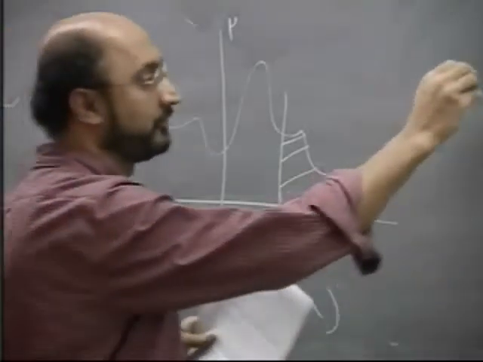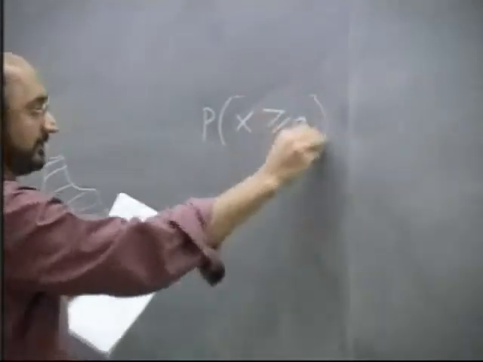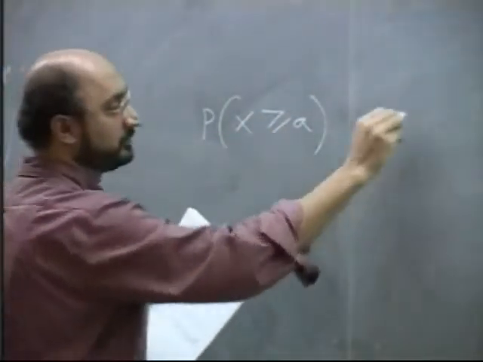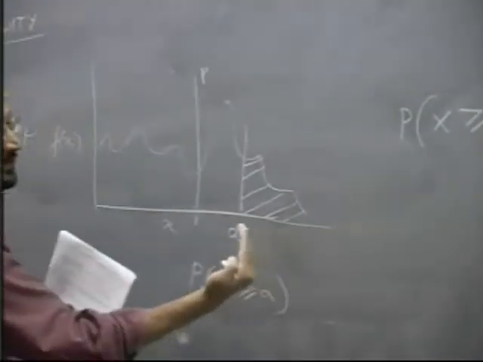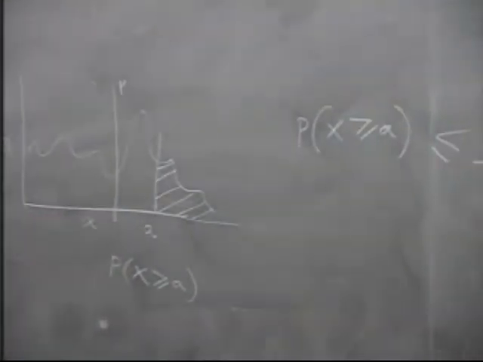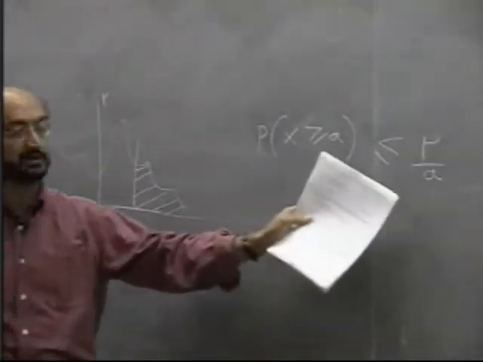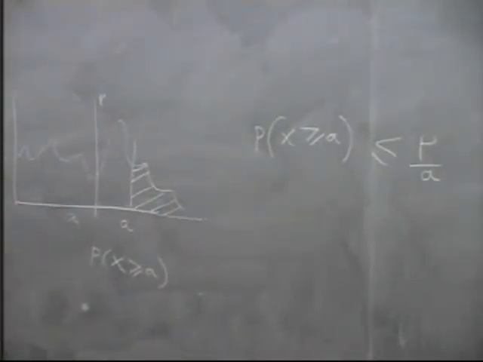In fact, we can show that the probability that x is greater than or equal to a is less than or equal to mu over a. So as we move to the right hand side, the probability that x is larger than that value keeps decreasing. In fact, it decreases essentially linearly with a. So as you make something further and further away, this is what you're going to get.